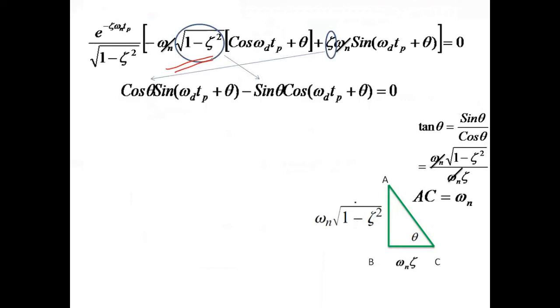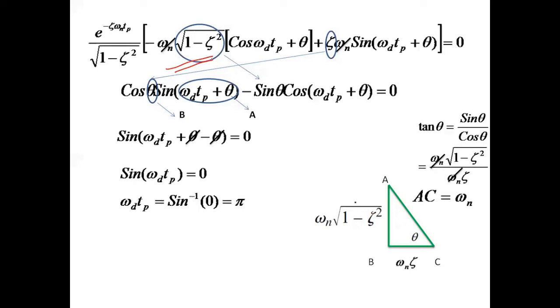Once after substituting square root of 1 minus zeta square as sine theta and zeta as cos theta, it is very clear that it is of the form sin A cos B minus cos A sin B. Hence I can write it as sin of A minus B, where A is omega d Tp plus theta and B is theta here. So theta will get cancelled out. So I can obtain sin omega d Tp is equal to 0. Hence omega d Tp will be equal to sine inverse of 0, that is pi.